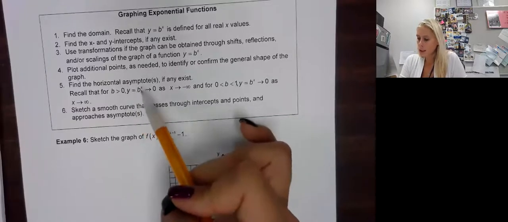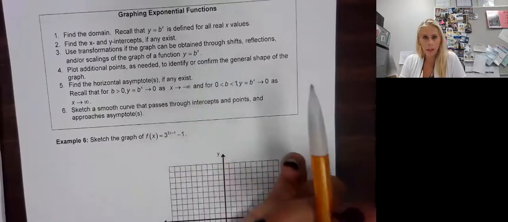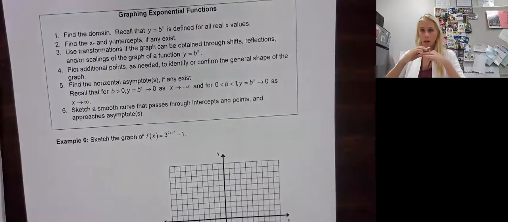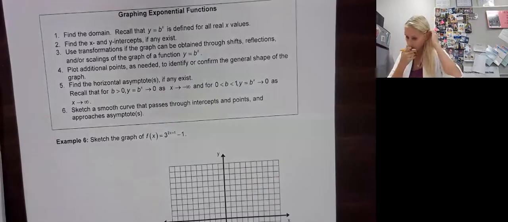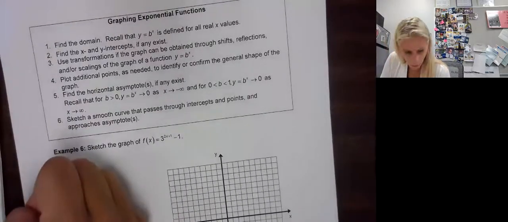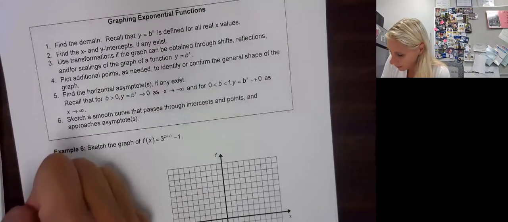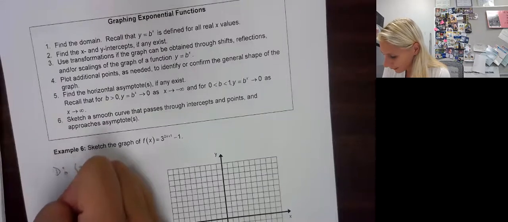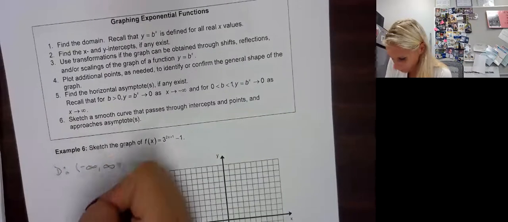Think about the horizontal asymptote, because remember in an exponential, usually we start out with our asymptote being at 0. And then we're going to sketch our curve, okay? So let's think of this. The domain. Well, remember the domain for an exponential is negative infinity to infinity.